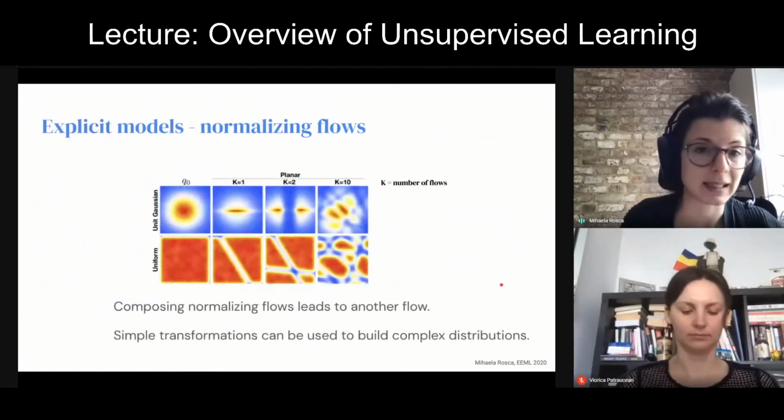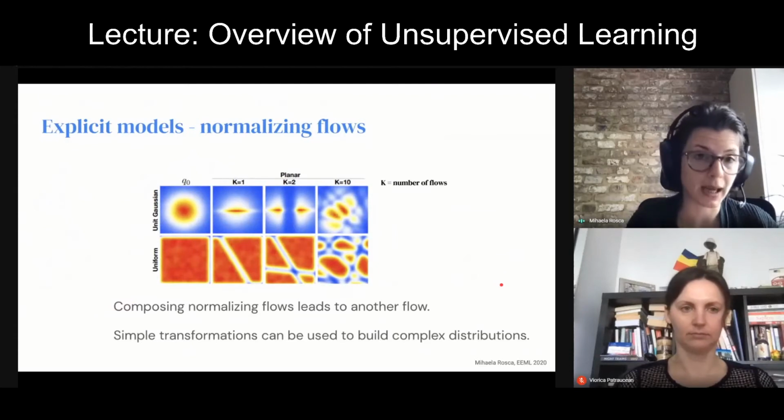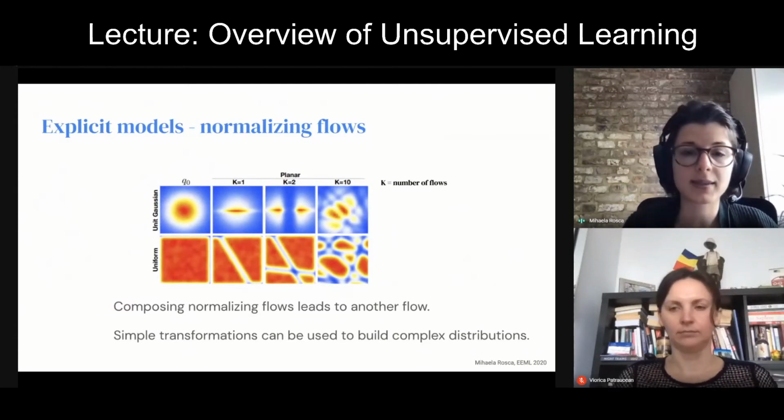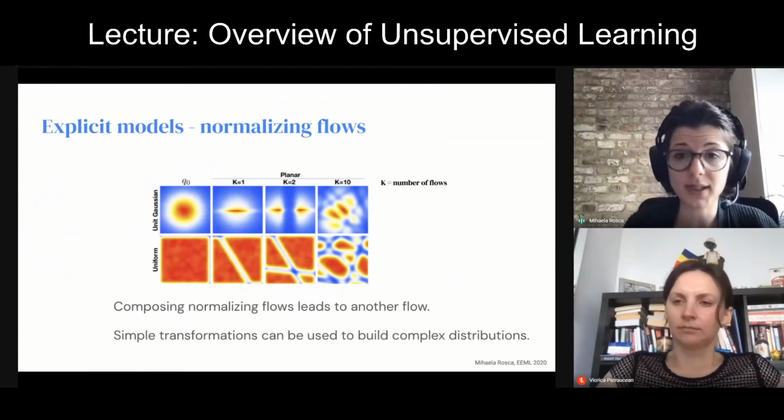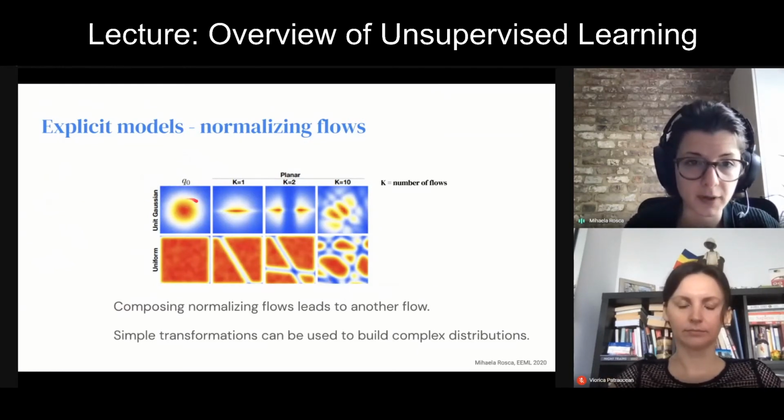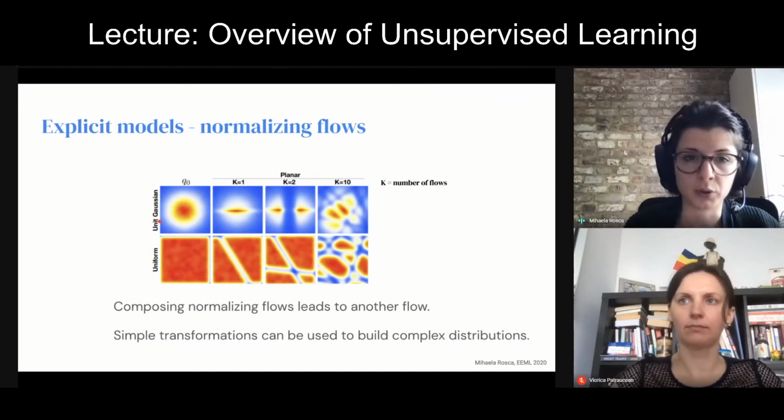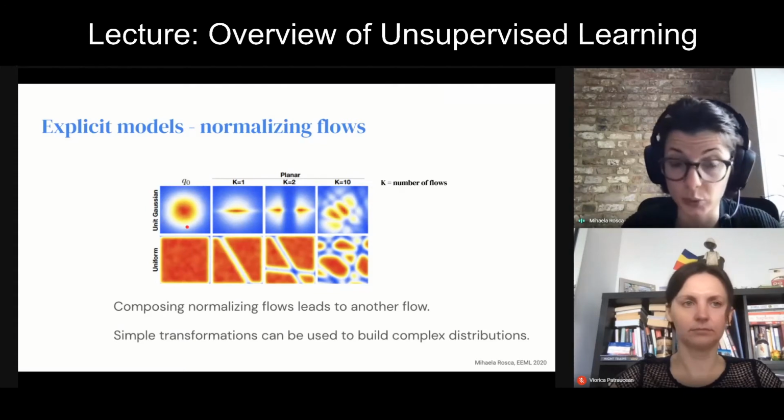But there is something that comes a bit to the rescue, even though we have these difficulties, and that's that flows are composable. So how awesome is that? That we can start with a very simple distribution. So for example, something like a Gaussian distribution that is unimodal, like we've seen in the case of 1D examples, and now we're looking at 2D examples.